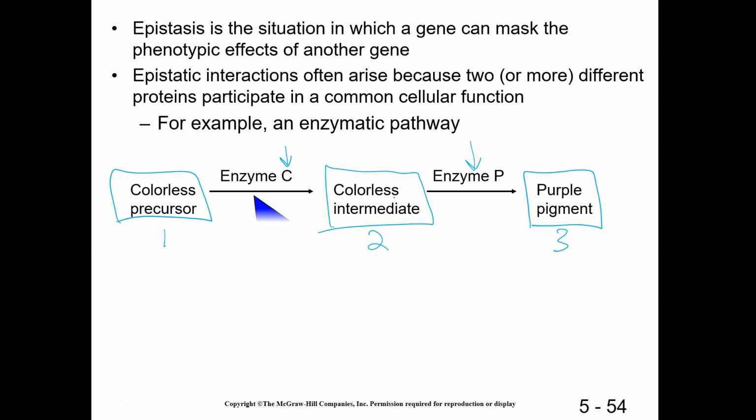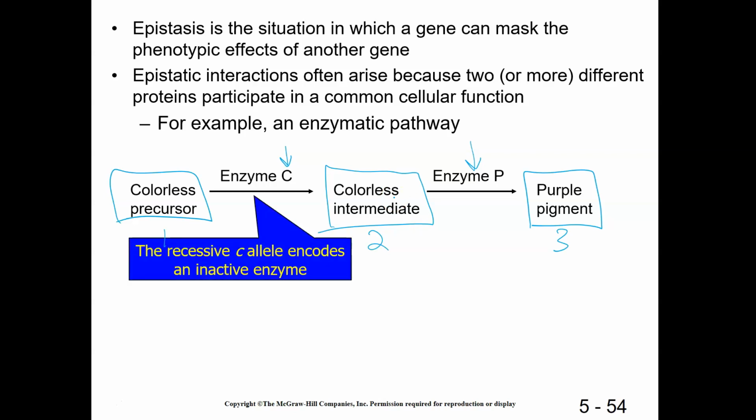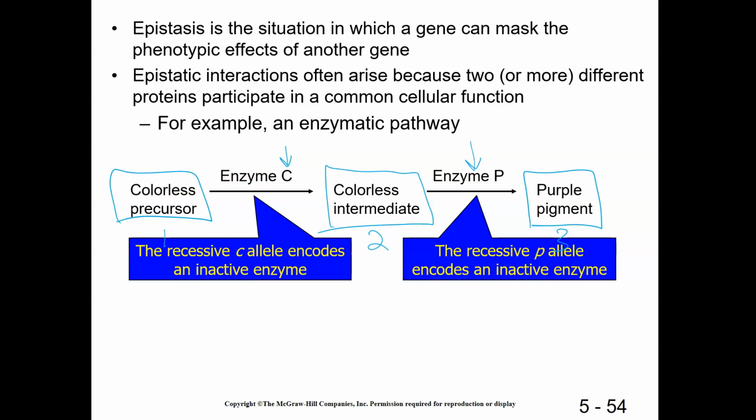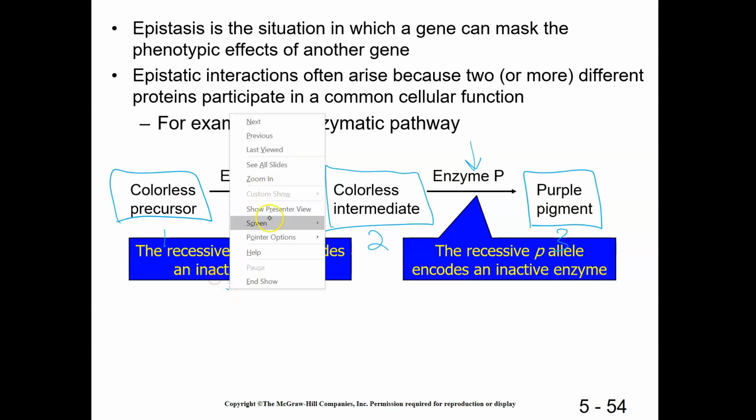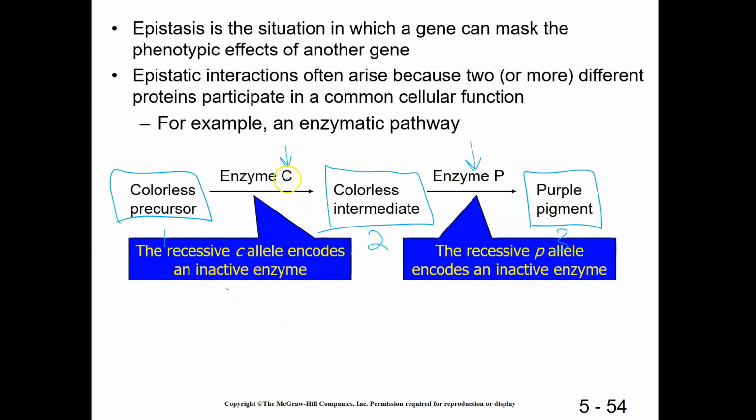That was important here. So the recessive little c gives you an inactive enzyme. Therefore, you don't even get to number 2. And the recessive little p, if you have big C, so this would be here, in this case, the little c is knocking this out, so you don't have this intermediate number 2. If you have little p instead of big P here, you never transition from the intermediate to the purple pigment.